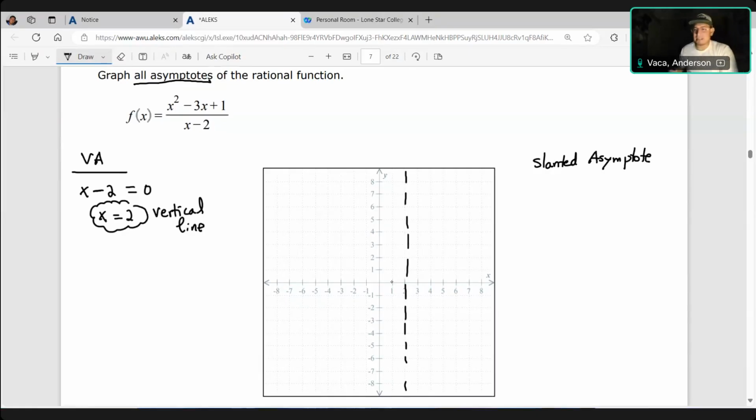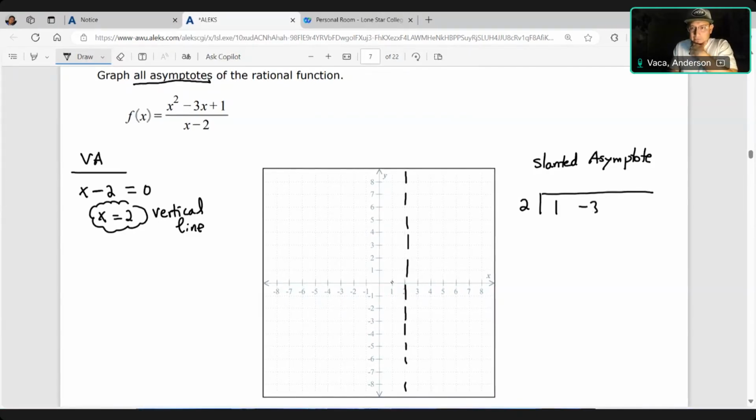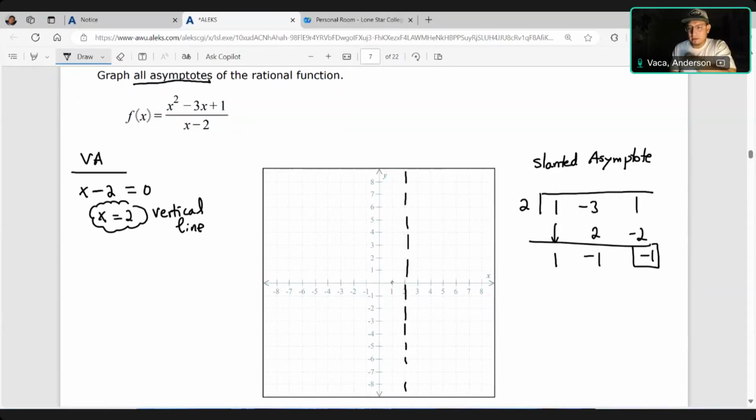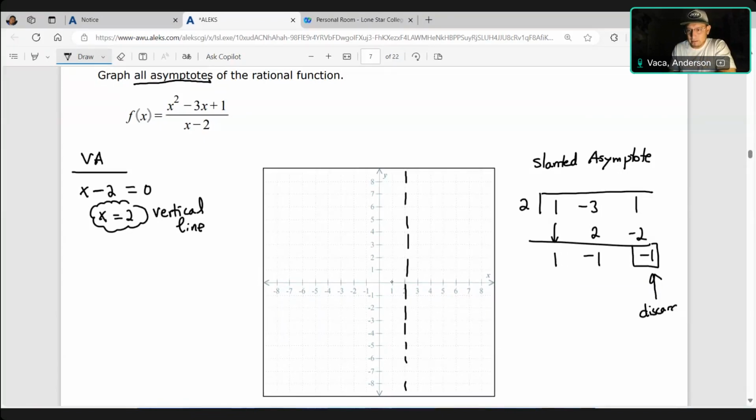Again, I apologize for my handwriting, I'm trying to just kind of get through this. And so let's just see. I'm using synthetic division. So that will be 1, -3, 1. And so I'm going to tell you what happens. Okay, so I'm going through synthetic division. I get -2, and then here I get -1. We're going to discard the remainder. Okay, this will be the constant, and this will be x.